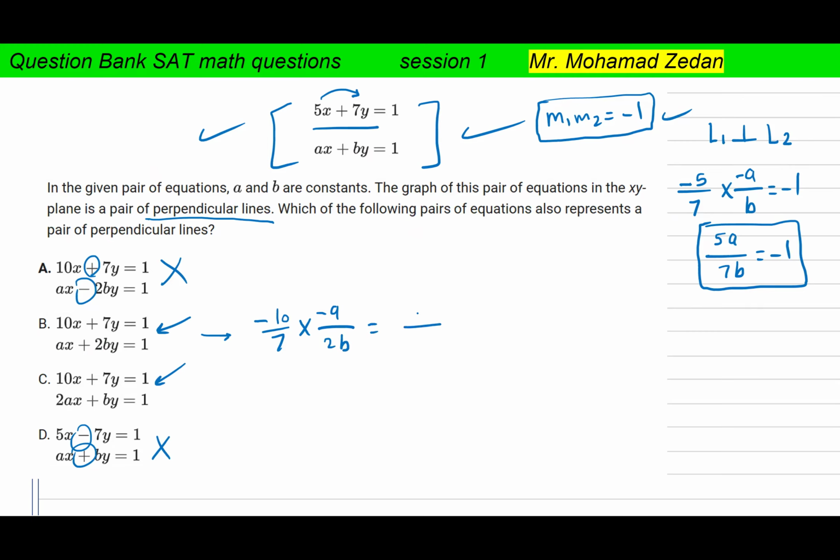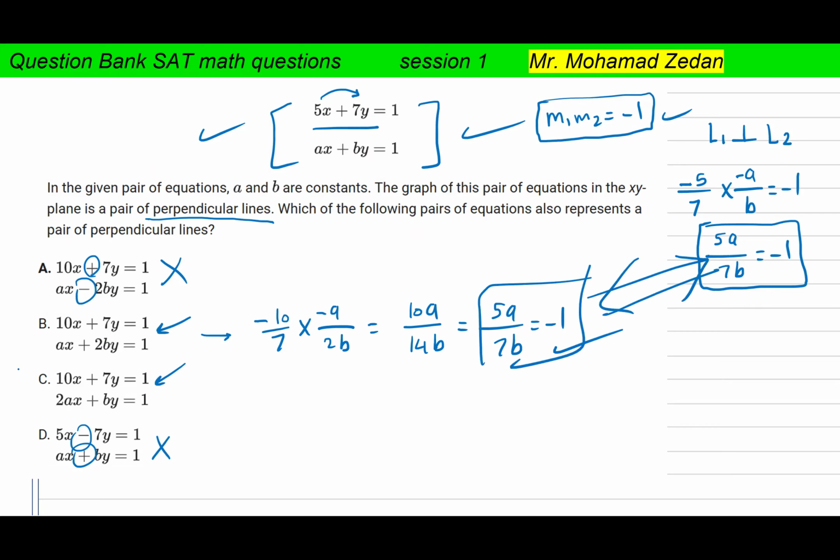The answer is 10a over 2 times 7, 14b, divided by 2, is 5a over 7b. The answer is -1. Look, the same. So B is correct because the pair of equations in B satisfies the same condition as the original pair.